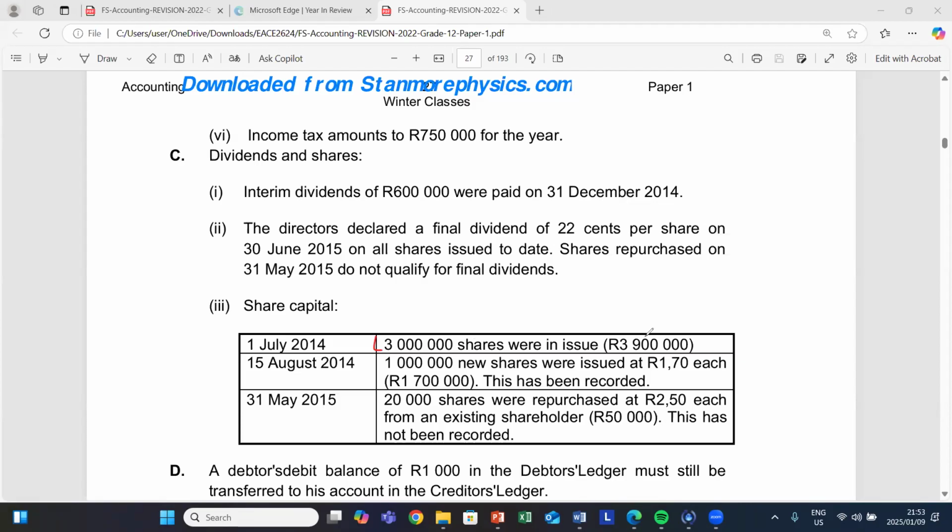And during the year, we issued additional shares at 1 rand 70 each, which had a value of 1,600,000 rand, and it has been recorded. And then on the 31st of May, we repurchased 20,000 shares at 12 rand 50 each from an existing shareholder. This has also been recorded.